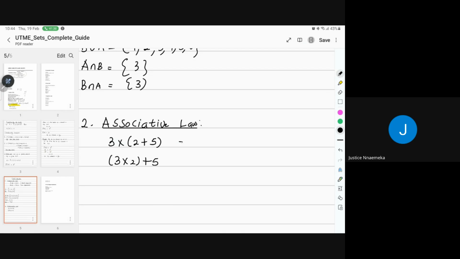Let's check. 2 plus 5 is 7. 3 times 7 is 21. I think that's not how to do associative.